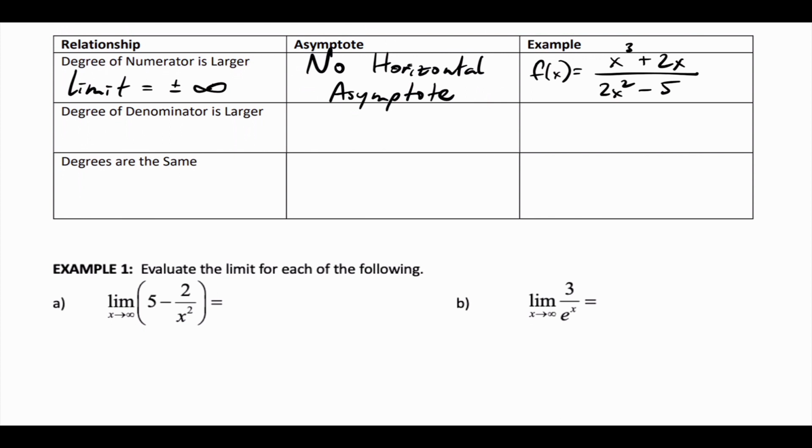What is the degree on bottom? 2. The top is larger, right? So therefore, we would say horizontal asymptote equals none, because there is none. There is no horizontal asymptote. And if they ask me the limit of f of x, what would that be? Either positive infinity or negative infinity, right? Which one is it? We'll talk about that later.